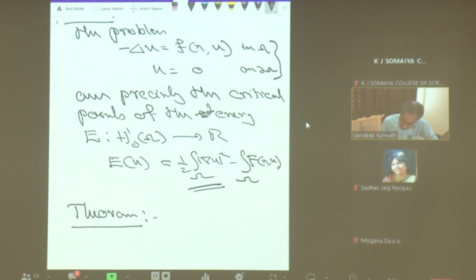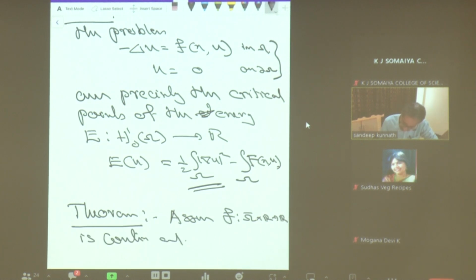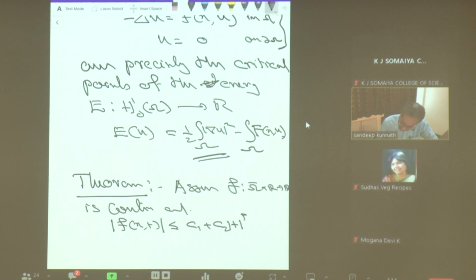So assume that f from omega closure cross R to R is continuous, and I have an estimate something like |f(x,t)| is less than or equal to some constant c1 plus c2 into |t| to the power p, with p less than 1.